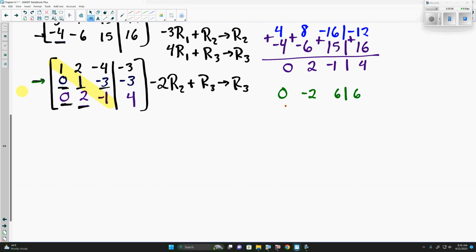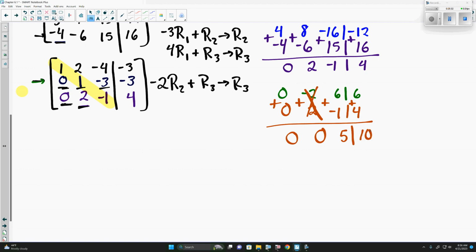And then we're going to have row 3. And again, we're going to add these together. Now 0 plus 0 is still 0. Negative 2 plus 2, these cancel out, giving us the 0 that we wanted. And lastly, 6 plus negative 1 is 5. And lastly, 6 plus 4 is 10.